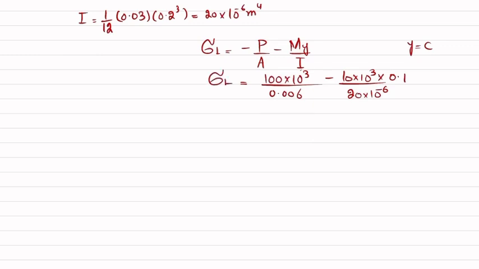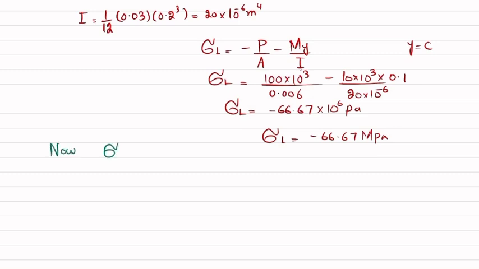So this is stress from the left side, which is compressive, and when you calculate it will be minus 66.67 into 10 raised to power 6 Pascal, or you can say that this compressive stress is minus 66.67 megapascal.